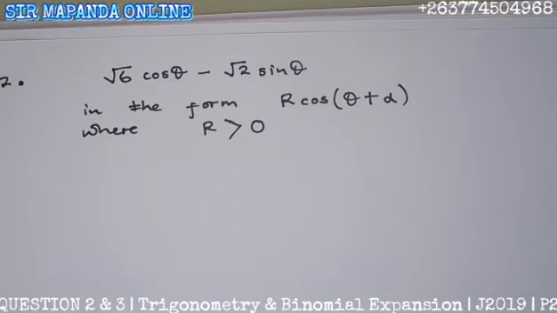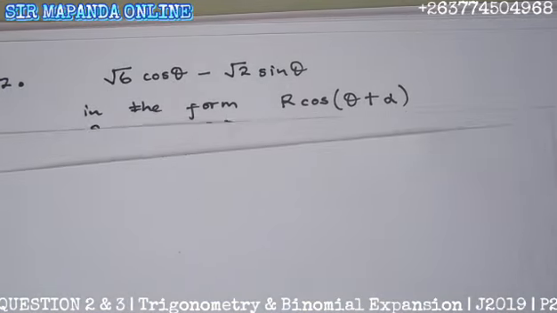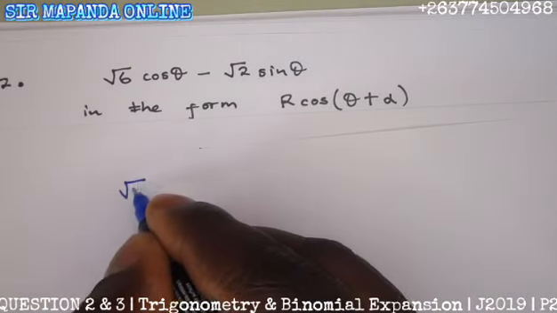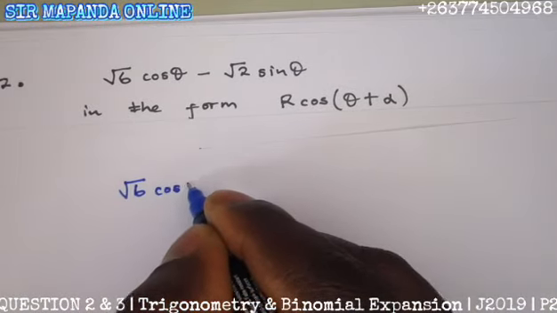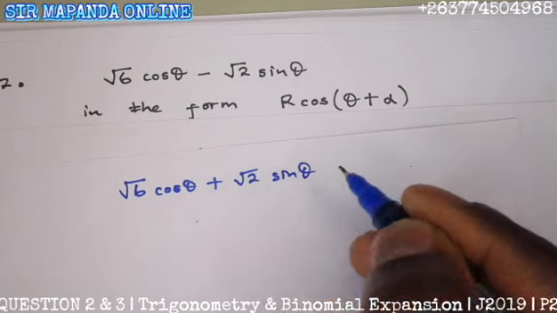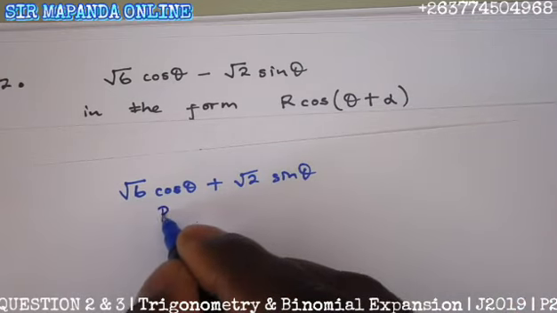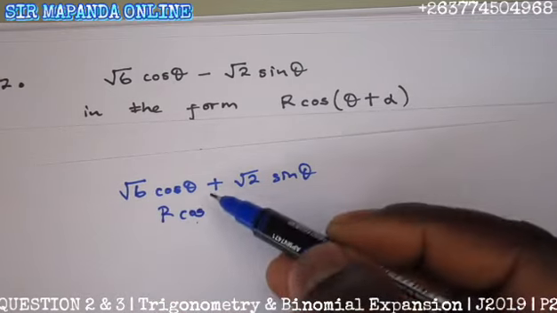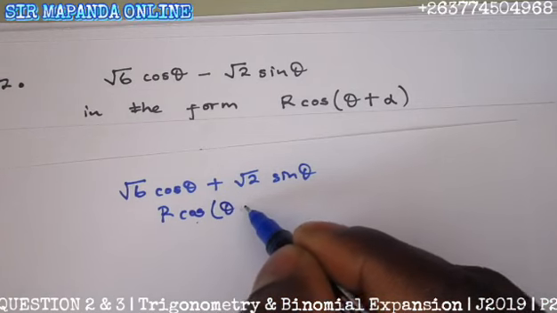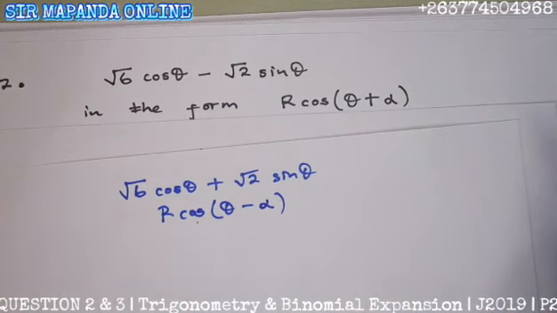So what I'm trying to say is, you may come across a question whereby you have root 6 cos theta plus root 2 sin theta. To express this in r cos, since we have a plus in between, we are going to have a negative inside the bracket. I hope you are following.